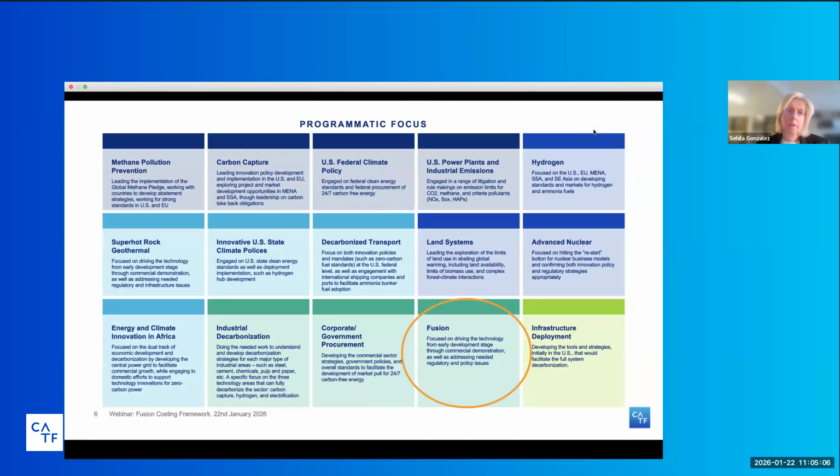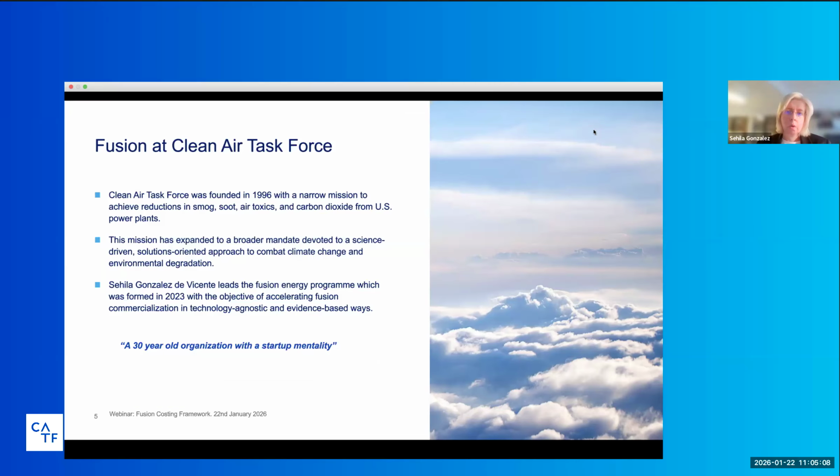The mission of Clean Air Task Force was focused on achieving reduction in smoke, air toxics, and carbon dioxide from the US. That expanded as CATF was expanding, and now, and I particularly like that mission, it is to broaden the mandate devoted to science-driven, solution-oriented approaches to combat climate change and environmental degradation.